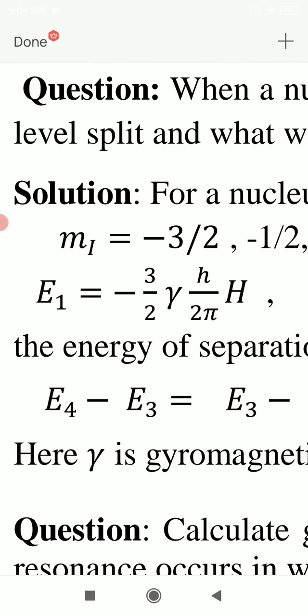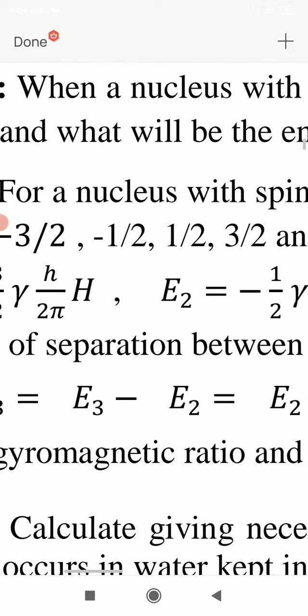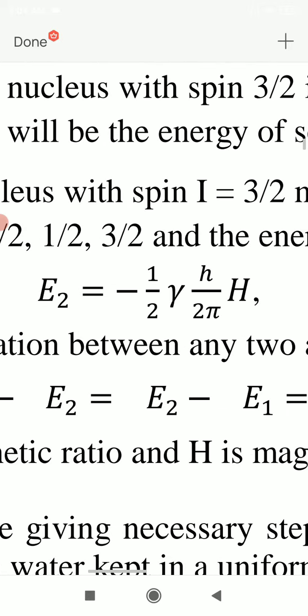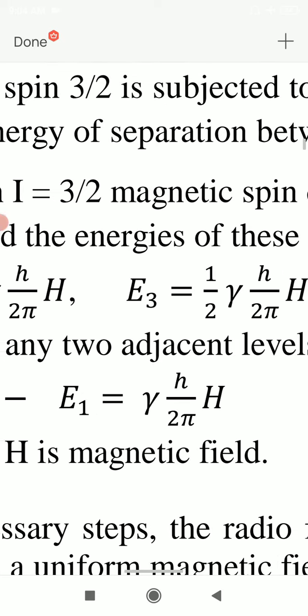This E2 is the value of energy for Mi equal to plus half. For Mi equal to plus half, energy is minus half γh upon 2π H.